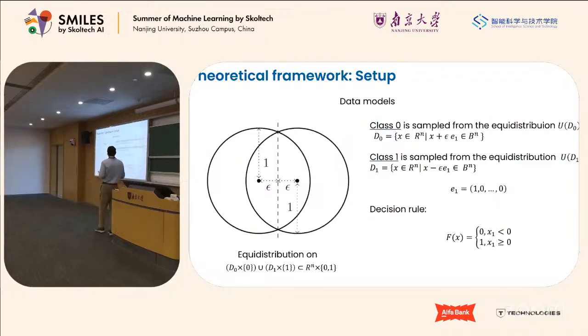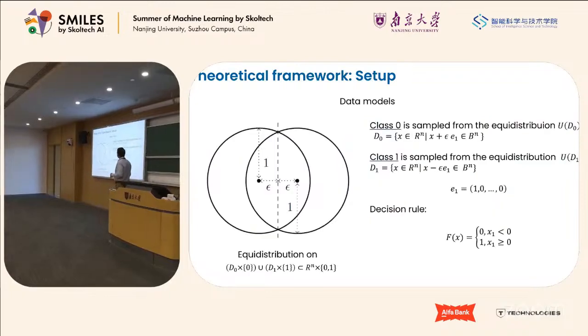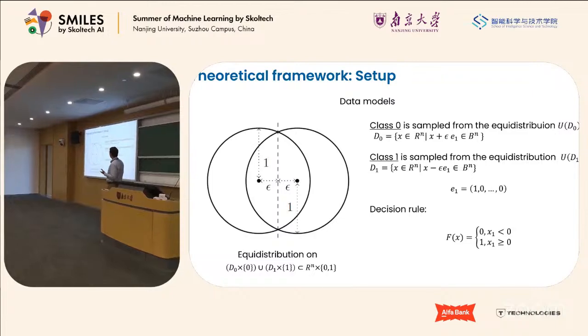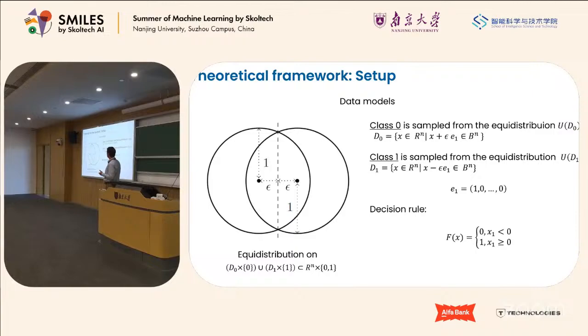Now, this is the setup. Suppose I have my class 1 associated with this ball, class 2 associated with that ball. The balls are separated by 2 epsilon, so the centers of them are 2 epsilon away, and epsilon is the distance to the decision boundary here.